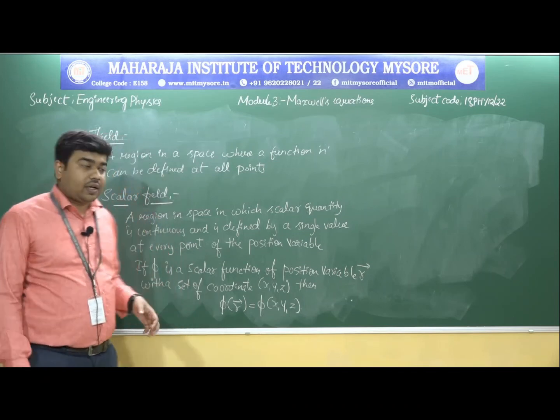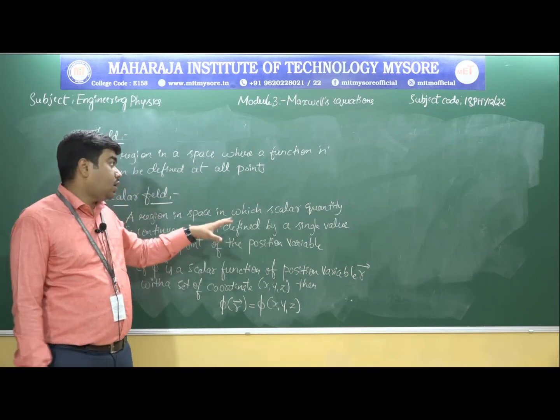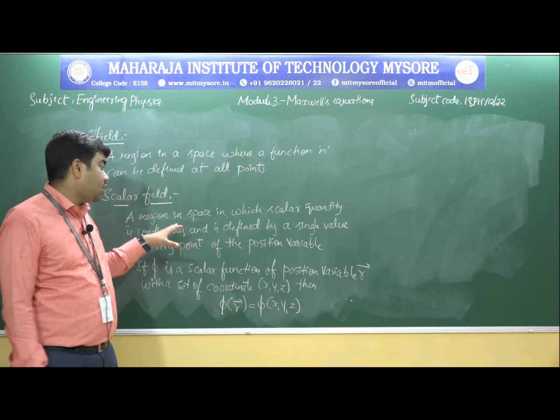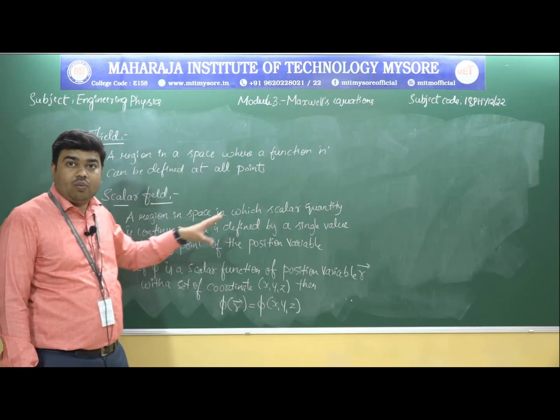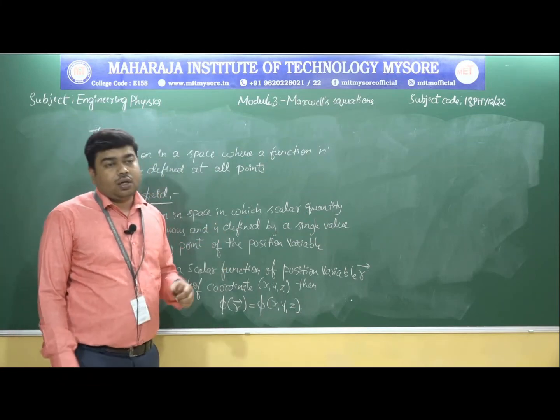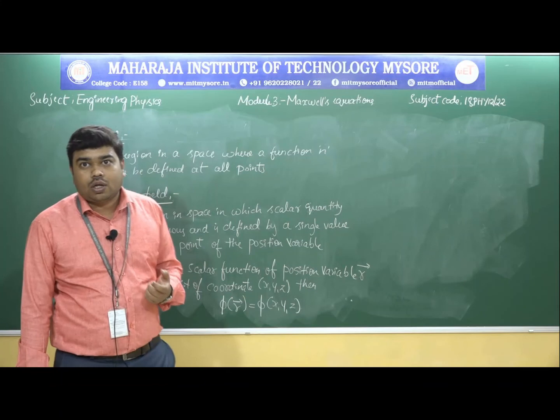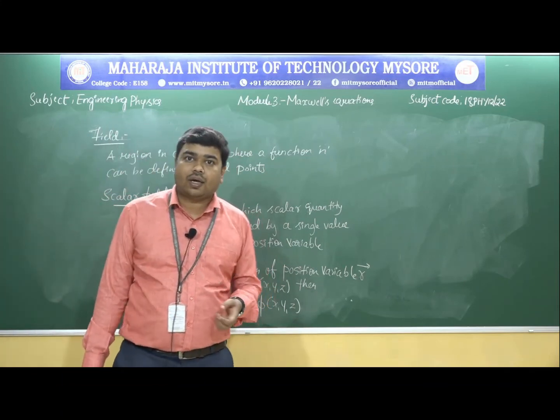A scalar field can be defined as a region in a space in which a scalar quantity is continuous and is defined by a single value at every point of the position variable. The position variable can be represented in the form of Cartesian coordinates as x, y, z.